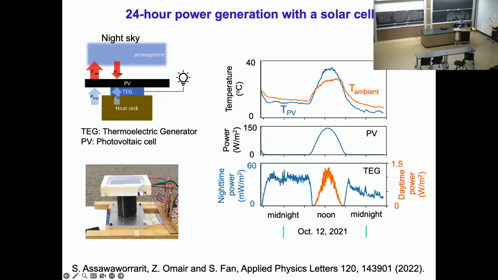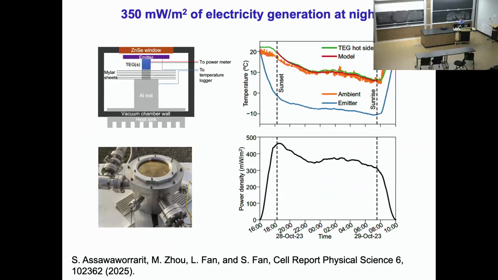One can further improve it, and this is one of our recent results where we take a thermal emitter and encapsulate it with a vacuum chamber so that we can cut down parasitic loss. We also work on the thermal emission selectivity of the emitter, as well as the thermal impedance matching of the thermoelectric generator, to improve the power we can produce to about 350 milliwatts per meter squared at night.